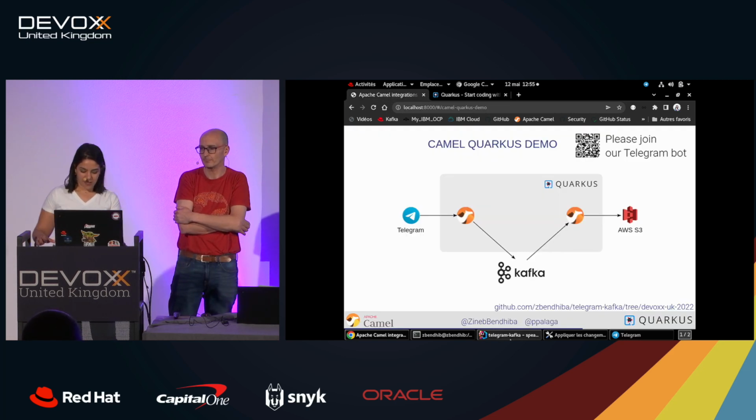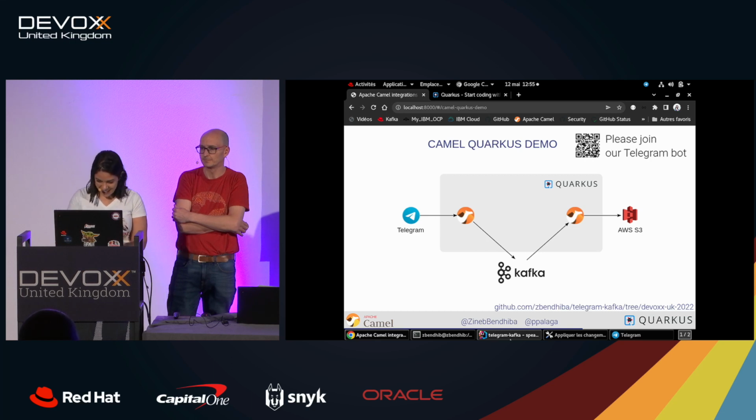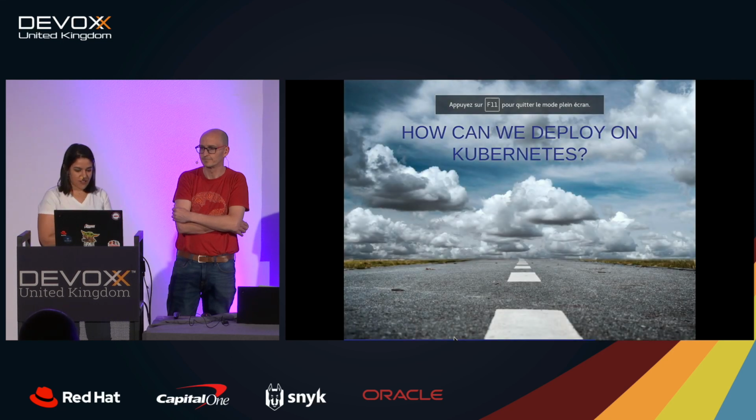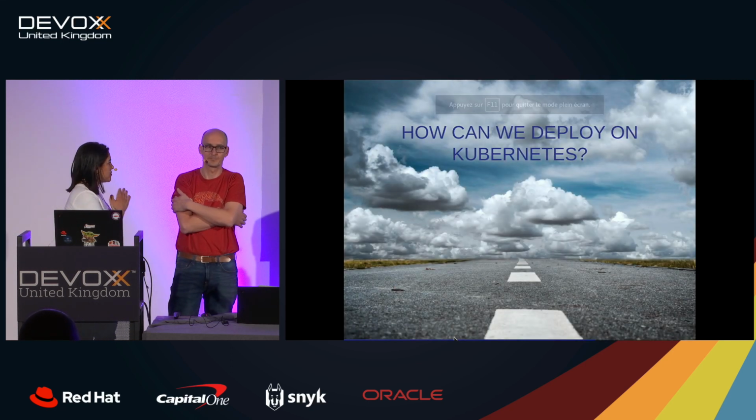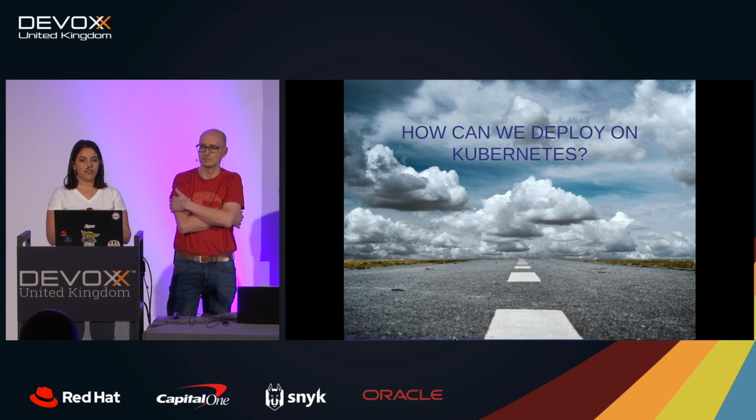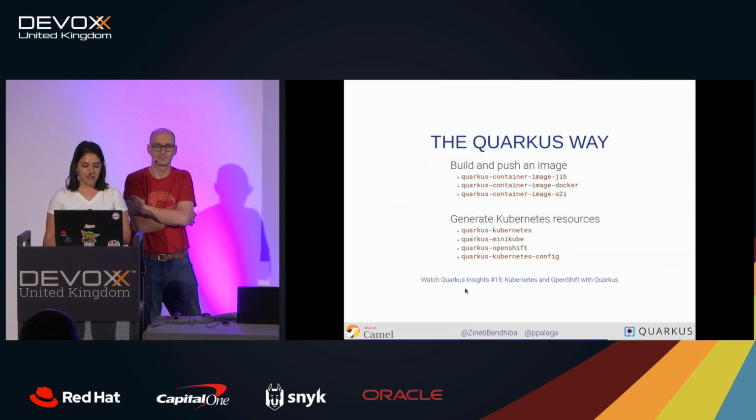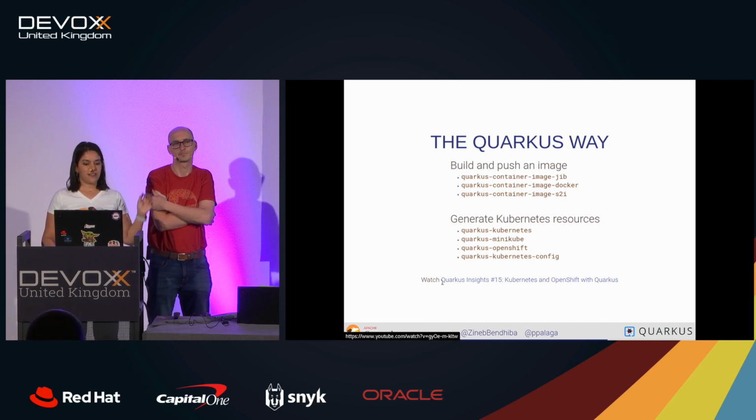So I'm going to move on because we have the second part. I'm going to be very quick. How can we deploy on Kubernetes? There is a video on Quarkus Insights that is a talk about how to do it.